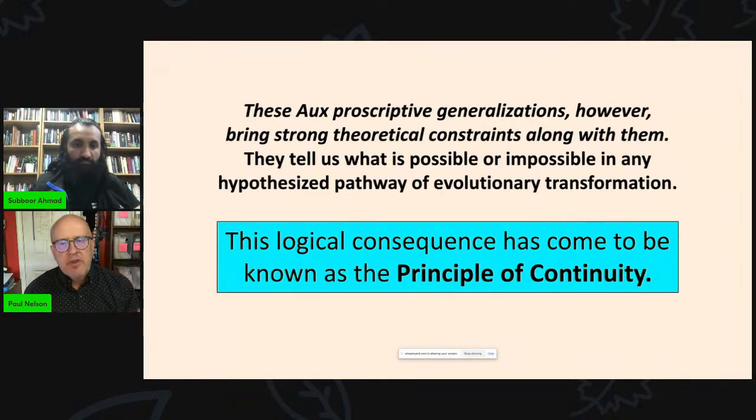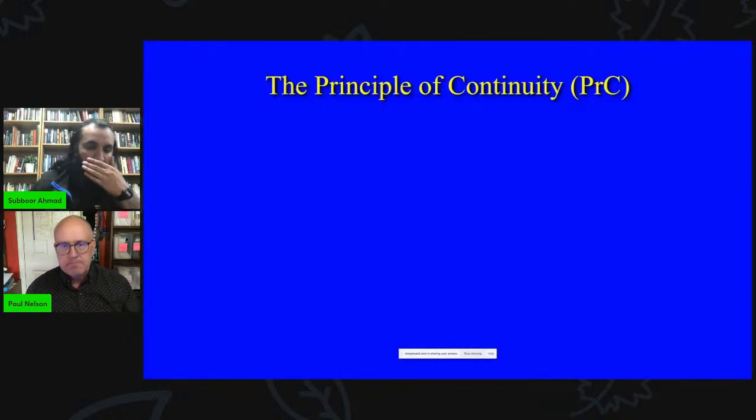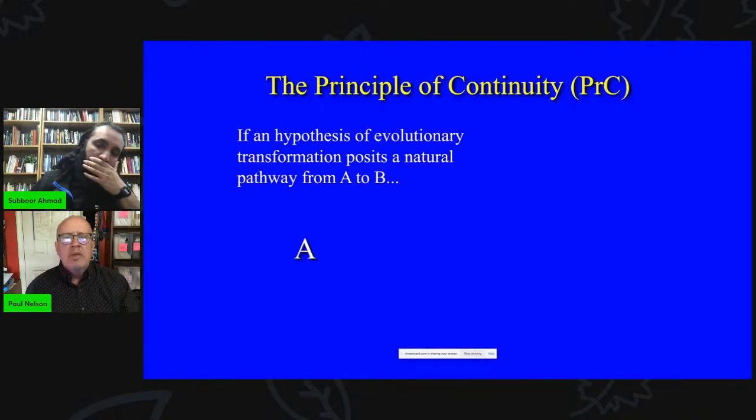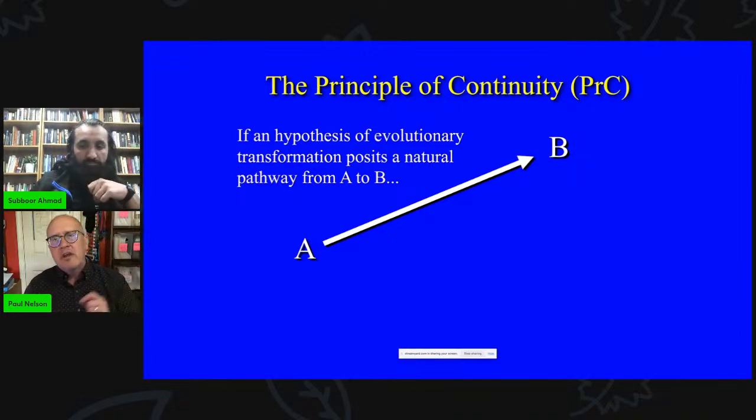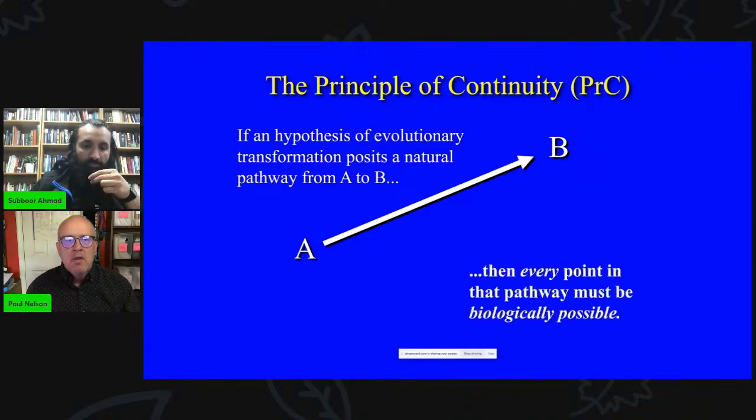All right, this brings us to the principle of continuity. And you can see, I hope, how primary molecular differences interfinger with the principle of continuity, because there are some transformations that are possible in biology and there are others that are not. And this is one of the ways that evolutionary theory ends up being tested. So the principle of continuity is simplicity itself.